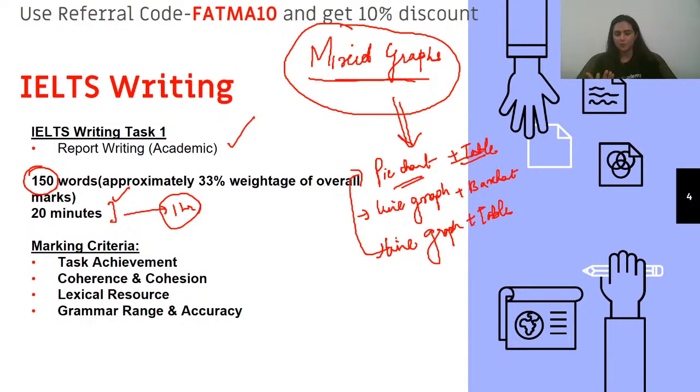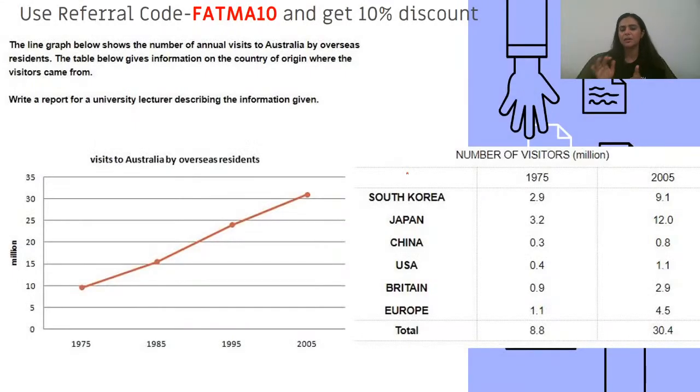There are a couple of things you have to do. You have to observe both graphs individually, figure out the main trend going on in each of them, and parallelly develop a relationship that's occurring across both of the graphical representations.